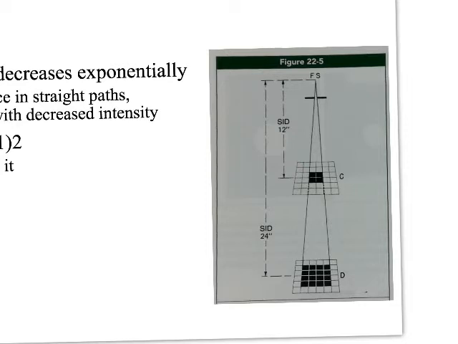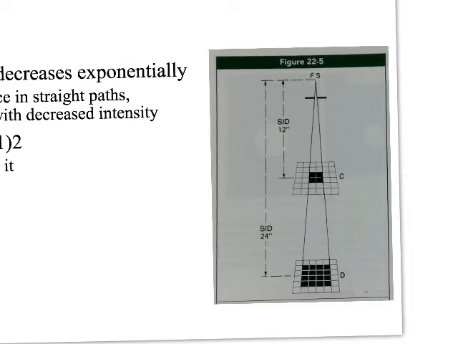When I double the distance, I now have 16 squares over which the intensity is being distributed. So I've spaced out the area that's being exposed. It's grown in size, but the intensity in any one of those little squares has just been quartered.